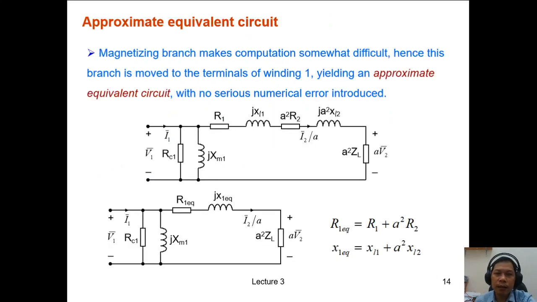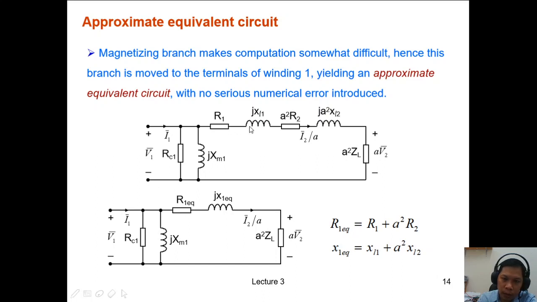Now, as I said, you can make it easier by moving this magnetizing branch, including RC1 and jXM1. Instead of here, we can put them up here. So we now have 3 branches in parallel.